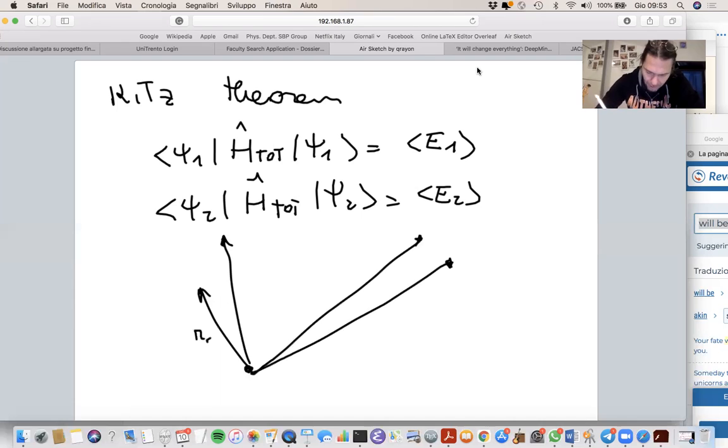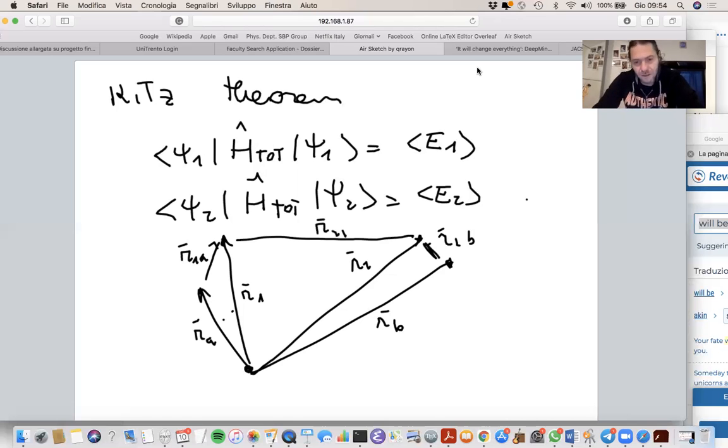This is RA, this is RB, this is R1, this is R2, and then you can start building from trigonometry R1A, that's the difference between these vectors. You can build R2B, then you can build R12. You can get all of them from trigonometry if you play around with differences between vectors. For instance, the distance R12 is nothing but the modulus of the vector R1 minus R2.